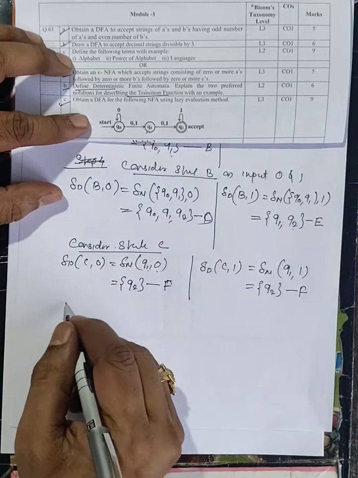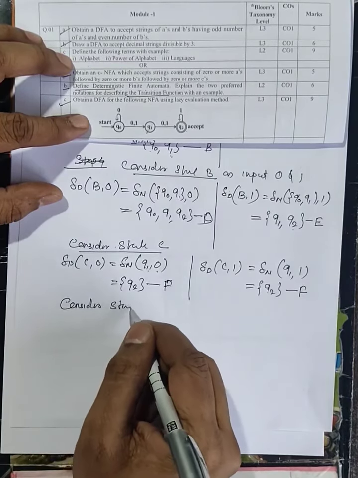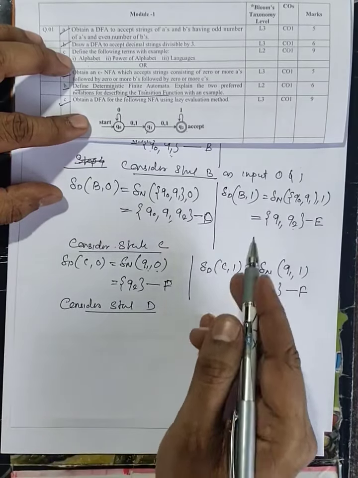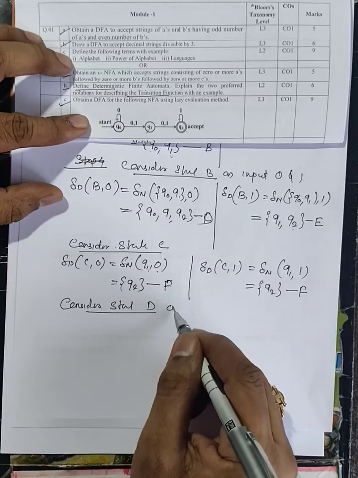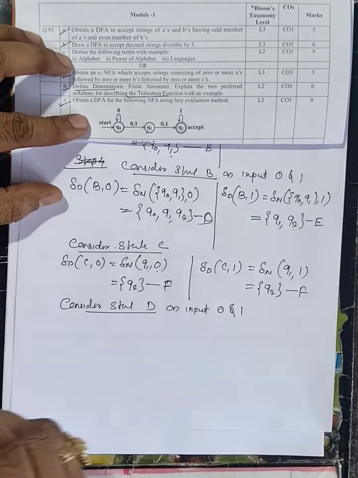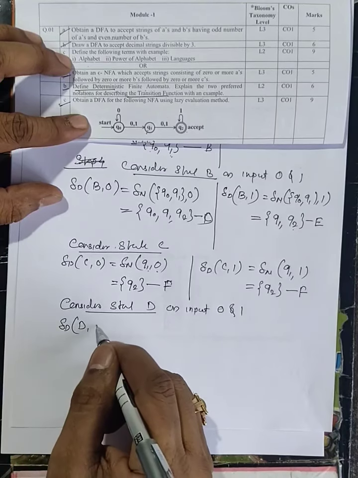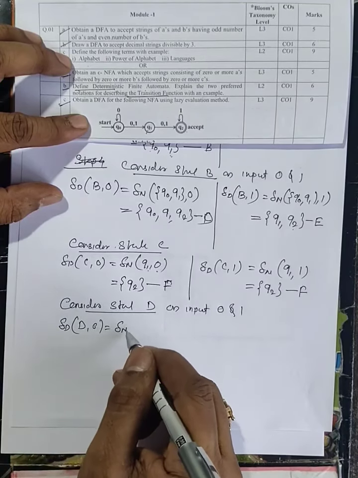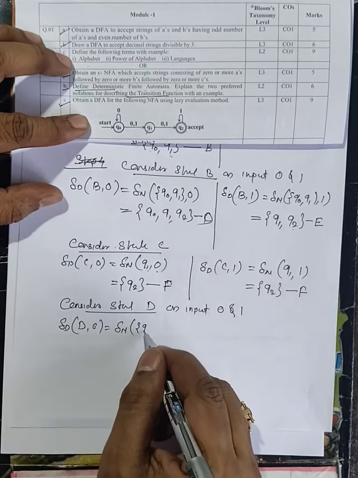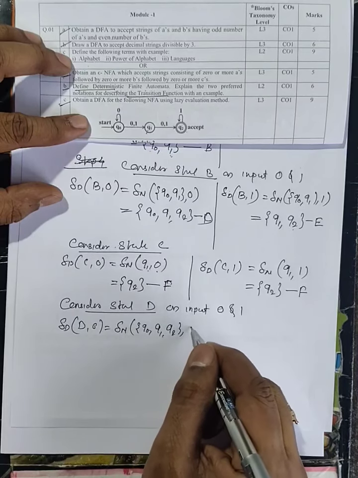C is over. Then consider state D, on input symbols 0 and 1. What is D? D on 0, NFA transition of D. D means Q0, Q1, Q2 on 0.